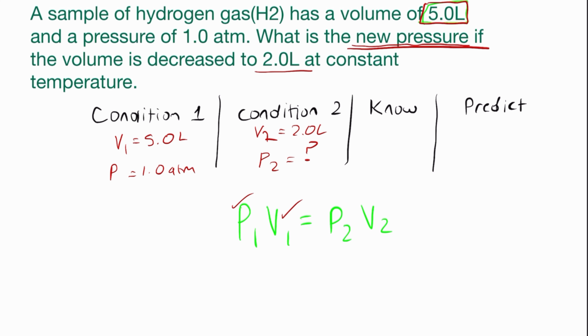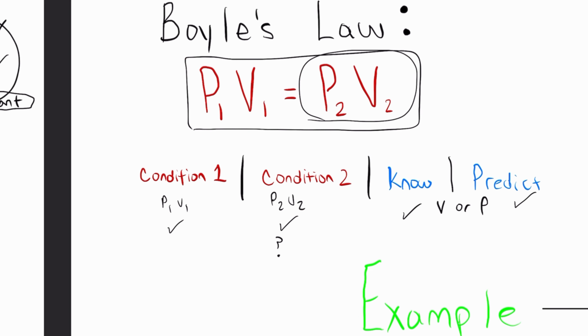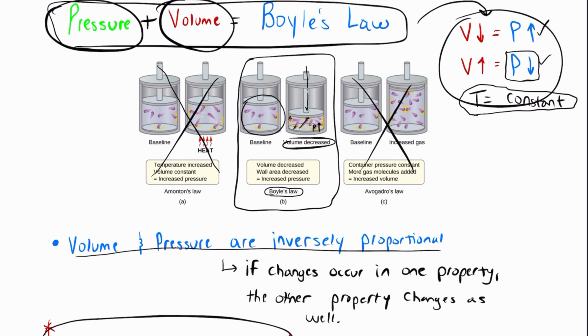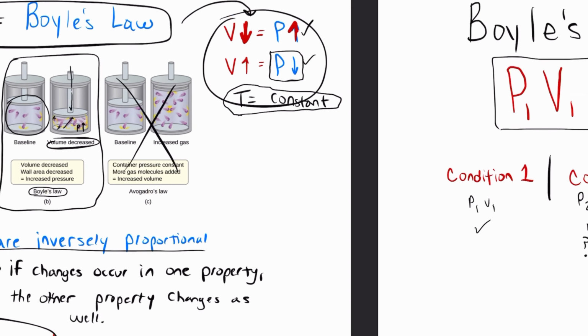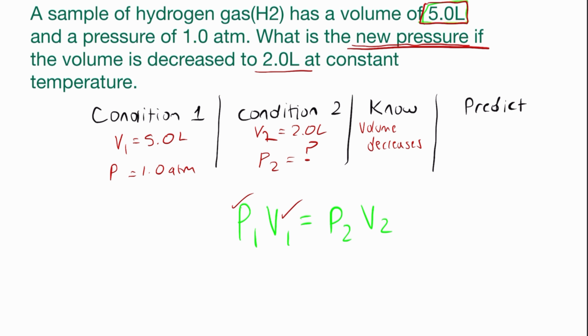We know that the volume decreases. And what is our prediction? If the volume is decreasing, what will happen to the pressure? Remember, if the volume decreases, that means pressure increases. So our prediction will be that the pressure will increase.